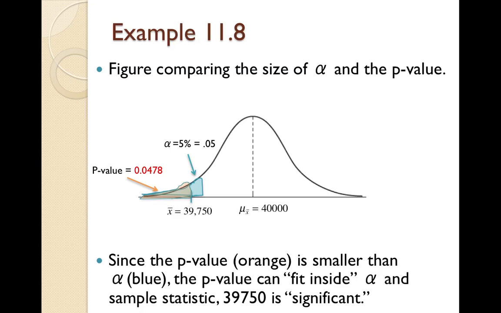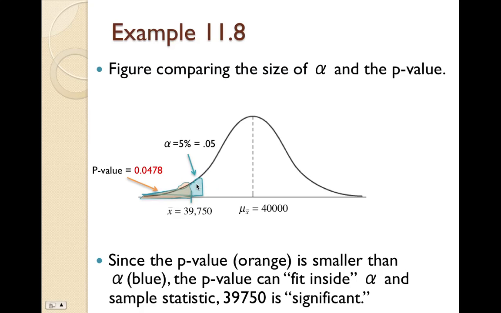If the p-value happened to be greater than 5%, then we would see that the orange piece overshadowed the 5% alpha piece, and we would come to the conclusion that the sample statistic was not significant. But being that it's smaller than alpha, we say that it is significant.